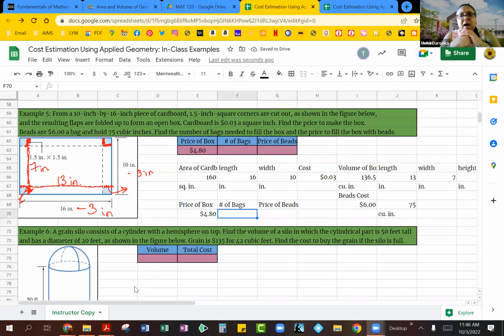All right, so I've got 1.5. That was your height. Okay, Terry, I see that. You're taking the volume, okay, to give you how many bags and then the cost.